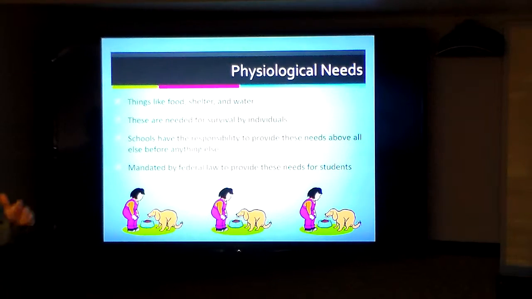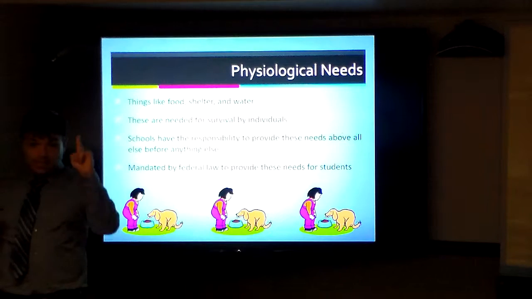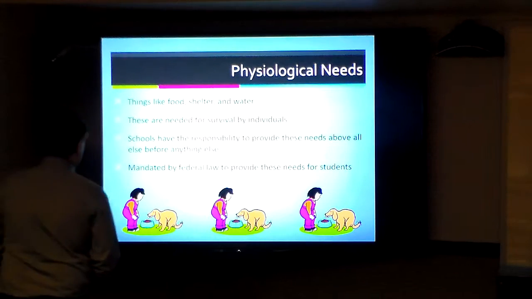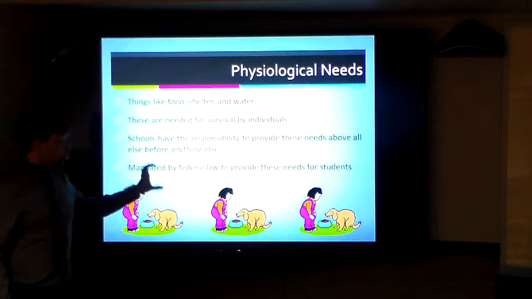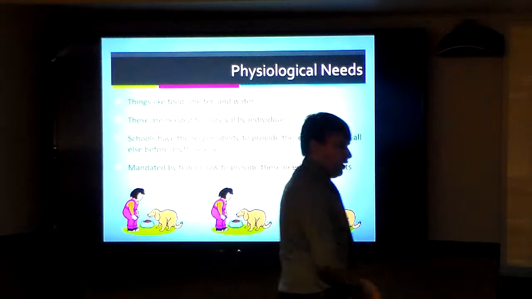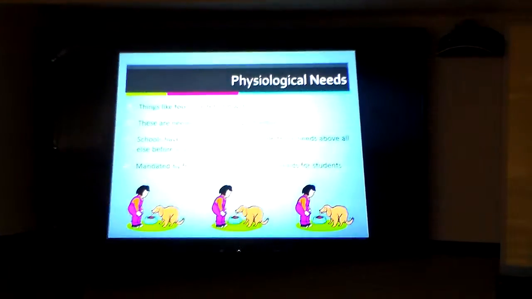It exists as soon as a kid is served lunch because the school has provided shelter, water, and food for the kid for the day. That is, one school day is one lunch session. That's what the kid gets. So federal law says all students must have their physiological needs met in order for learning to actually take place. So the school is mandated for this. You as a teacher are mandated for this as well.